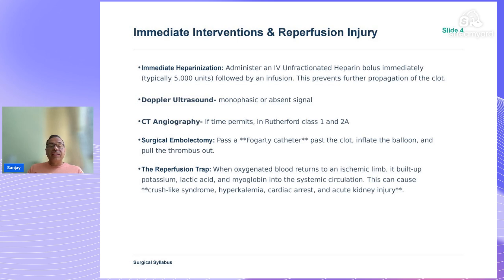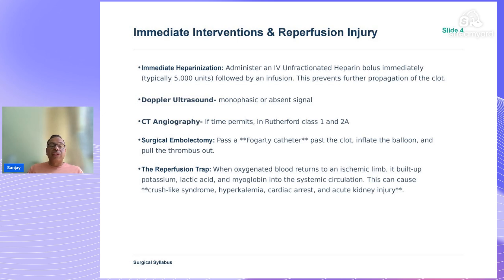So, in such cases, if time permits, go in for CT angiography, which would give you the exact location of the obstruction, whether it is a multi-segmental obstruction or a single segment obstruction. It would also tell you the exact site, the inflow and the outflow.